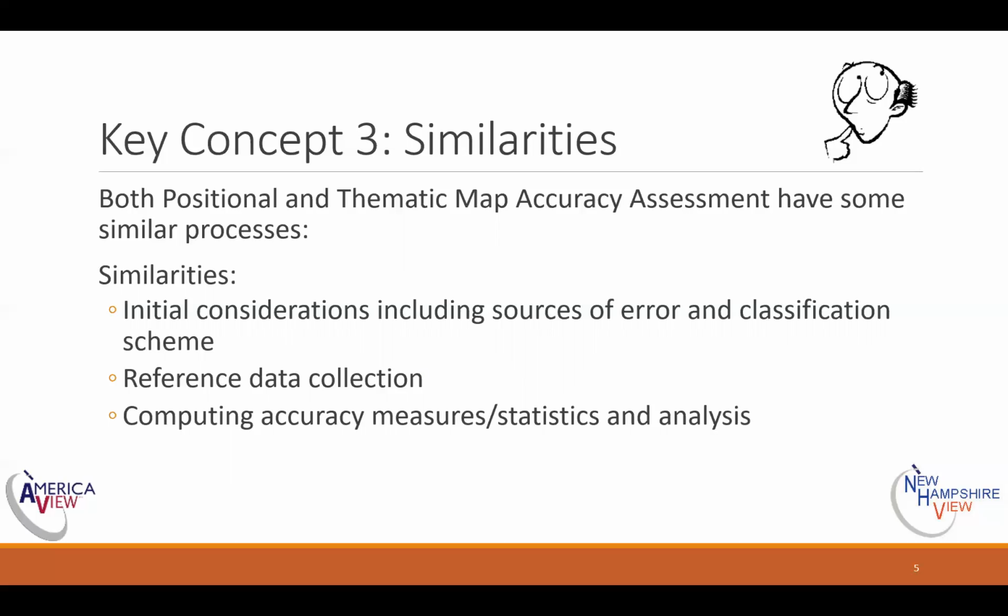If you're in an open field or a pavement area, it's very easy to identify locations on the ground. If you're in a forest or other vegetation, it might be much more difficult. So the classification scheme is important in both positional and thematic accuracy assessment.